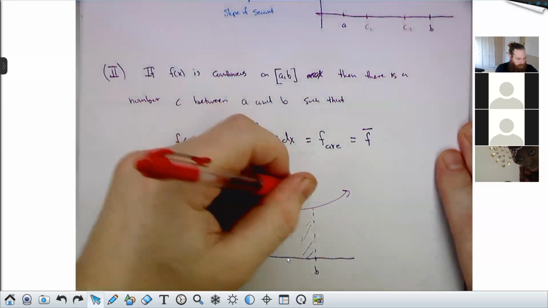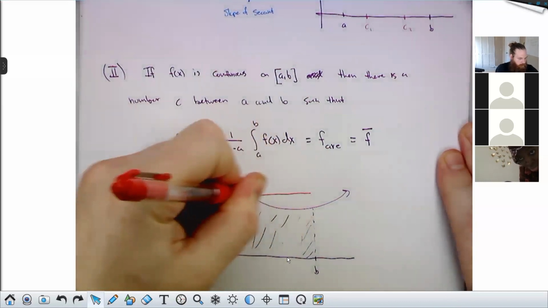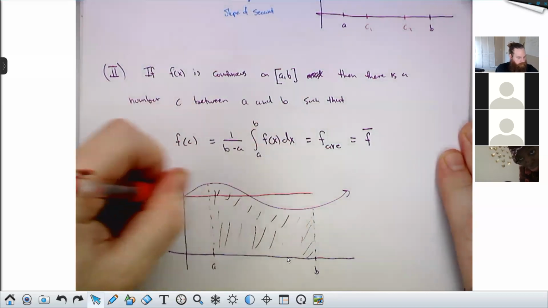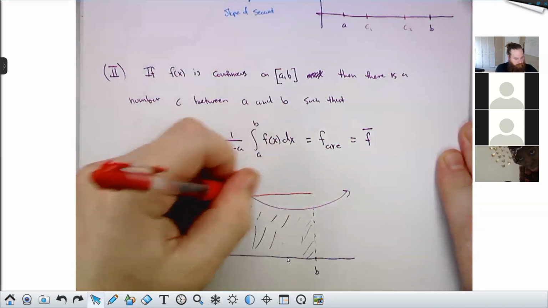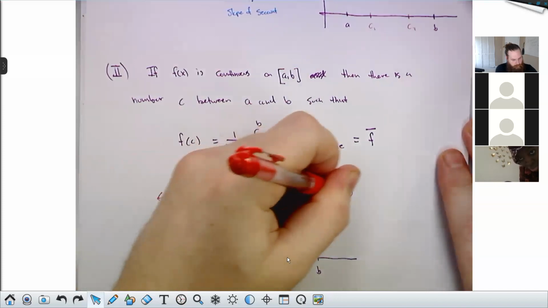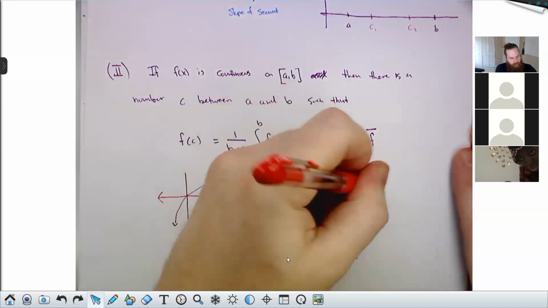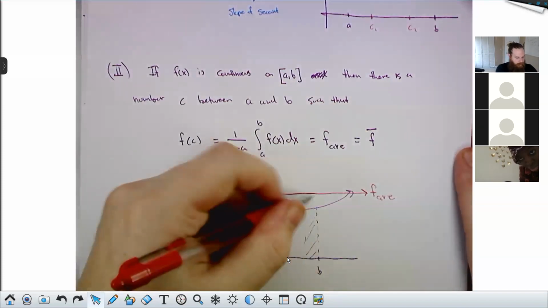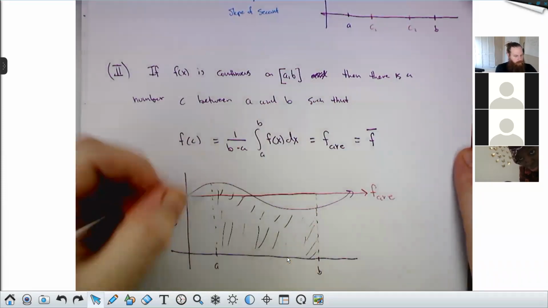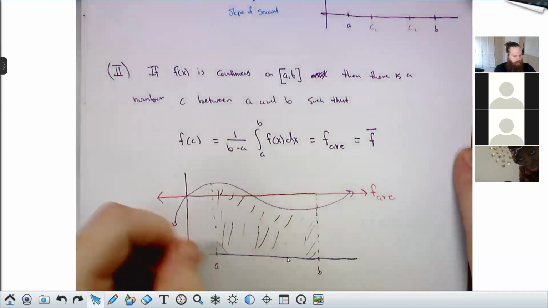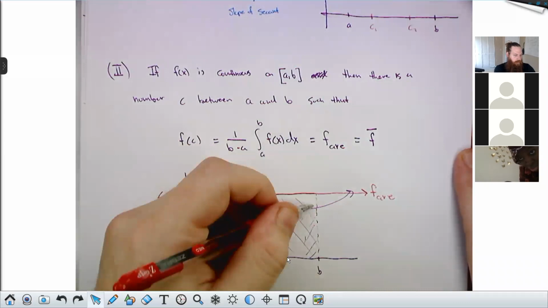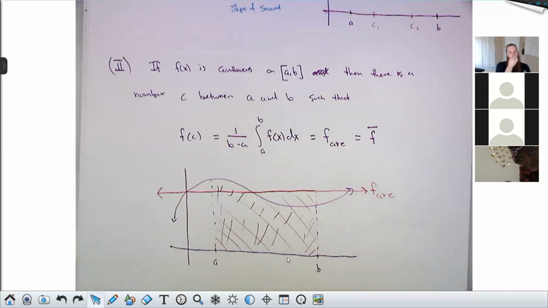I'm going to take a guess and say that it's something like this. So this would be f av. And the area in the red rectangle is the same as the purple area.